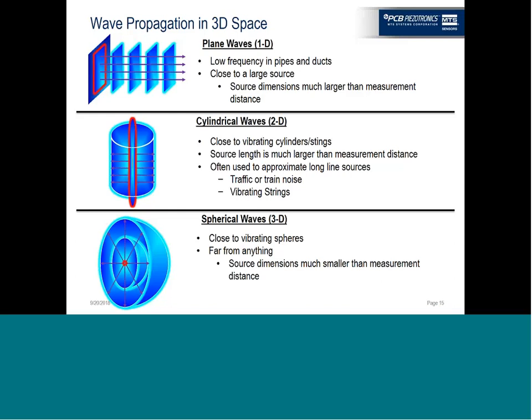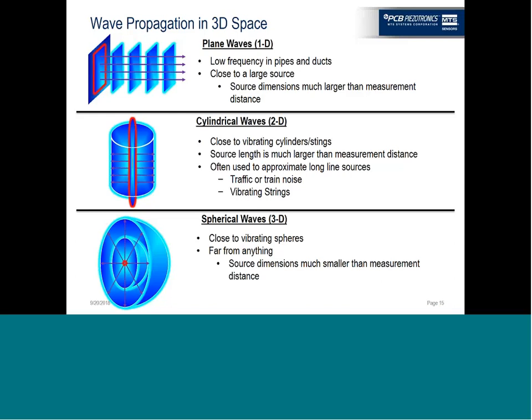Cylindrical waves. So if in the wave equation, a plane wave would be something you would model very nicely in Cartesian coordinates. Cylindrical waves are modeled mostly around vibrating cylinders, pipe noise, strings. Again, the source length will be much larger than the measurement distance.